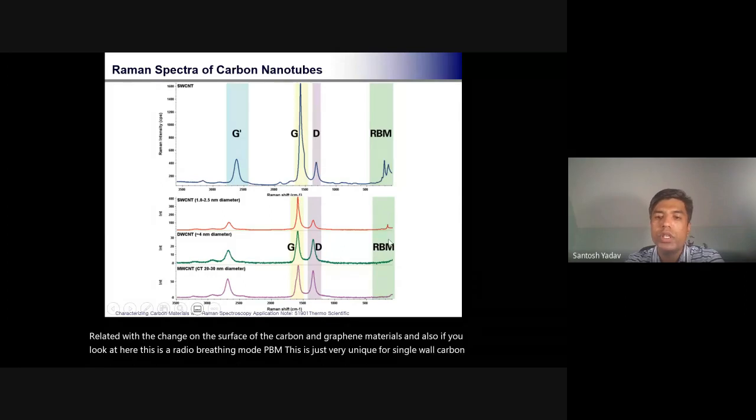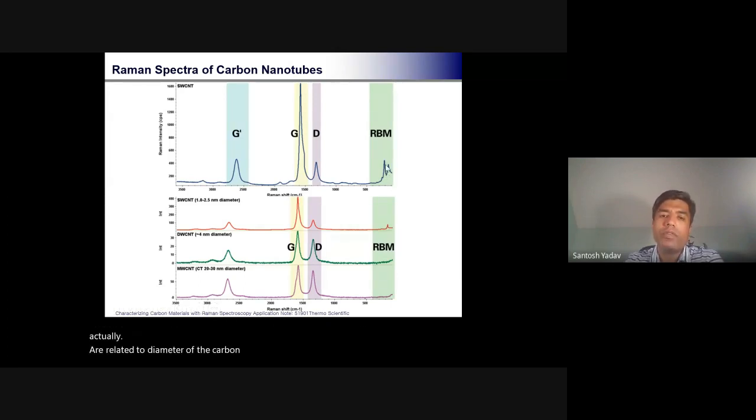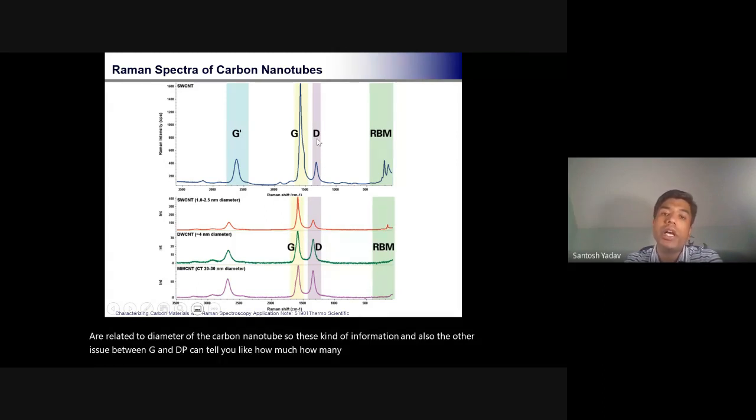You can see a very small hump in the double wall carbon nanotube, but in the multi-wall carbon nanotube, there is no RBM. This is related to the diameter of the carbon nanotube. Also, the ratio between the G and D peak can tell you how many carbons are changing from sp2 to sp3 hybridization.